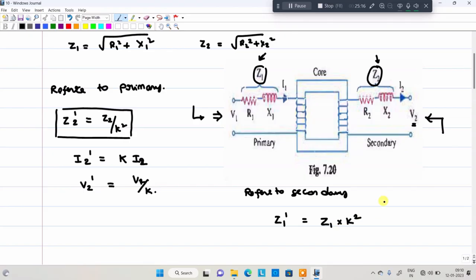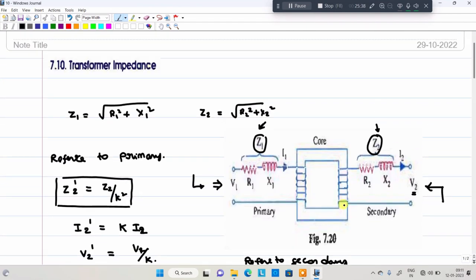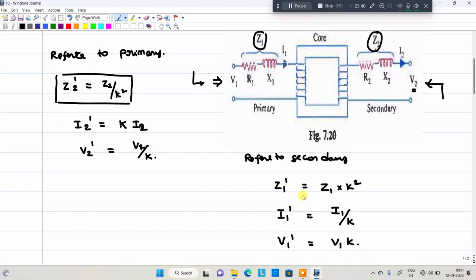Got my point? It is the reverse of that. Now coming to the current, I1 dash, the current referred to the secondary side, is equal to I1 by K, opposite to that. Next, V1 prime is equal to V1 into K. These formulas are enough for transformer impedances.